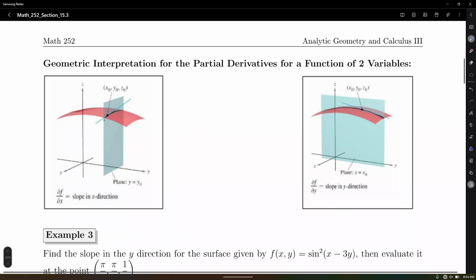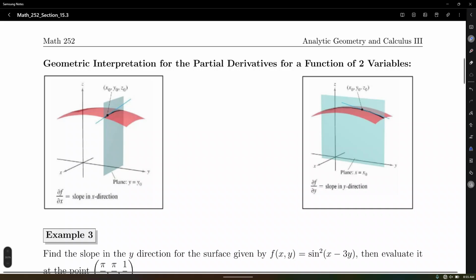If we are differentiating with respect to x, that's going to give us the slope of the tangent line that is parallel to the x-axis. That is the slope in the x direction, to make it easier to visualize. And the value of the partial derivative with respect to y at a given ordered pair is going to give us the slope of the tangent line to the surface that is parallel to the y-axis.